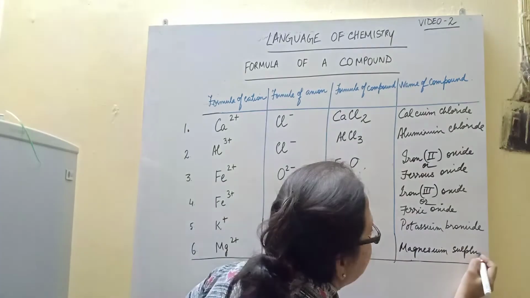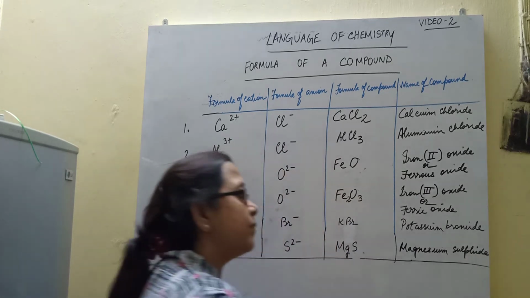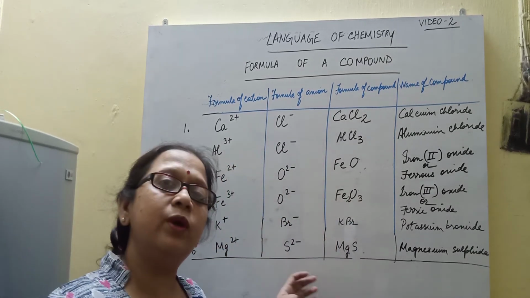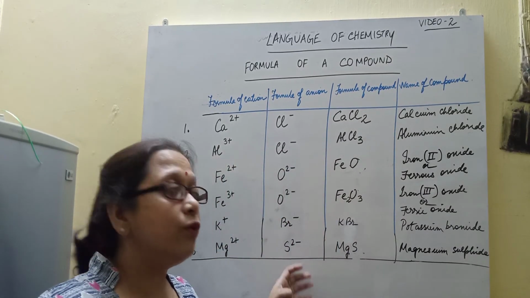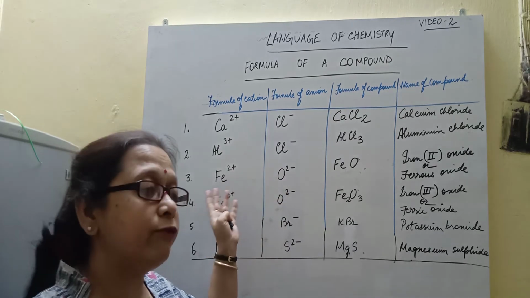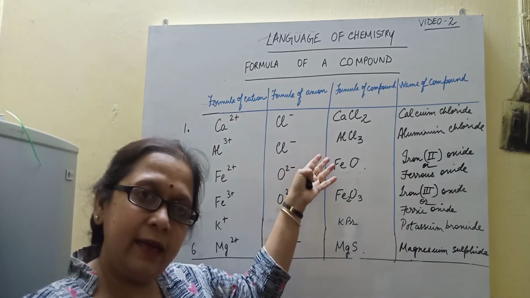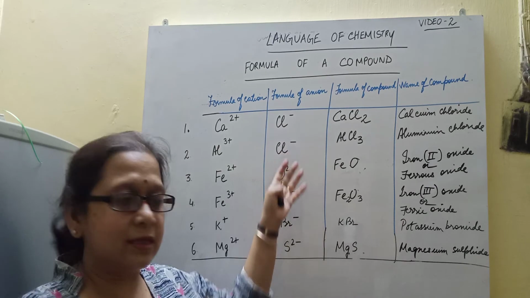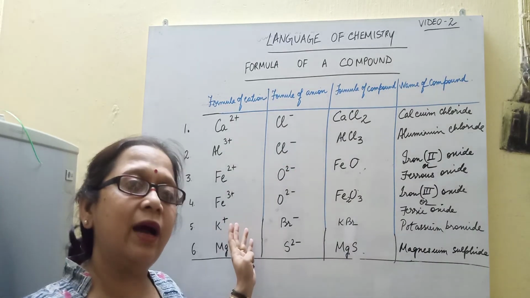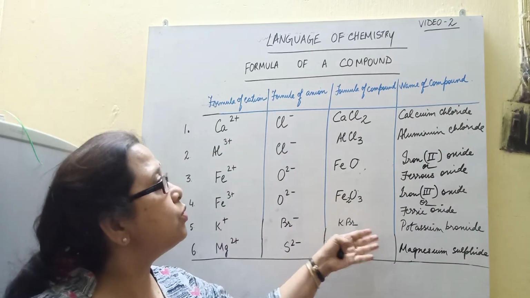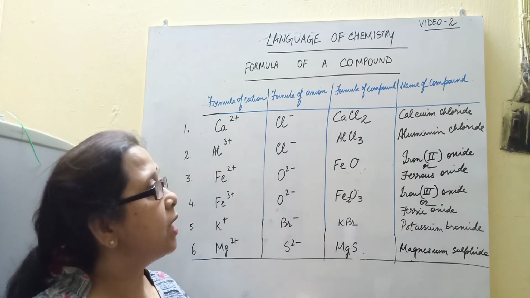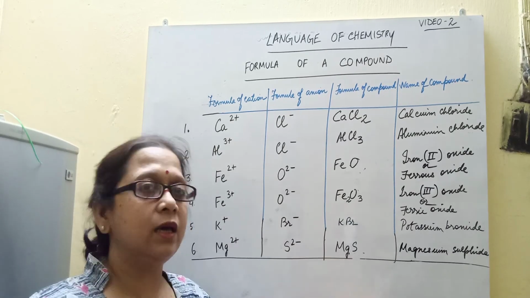Likewise we will be coming to various other formulas of cations and anions in the coming classes. So I think you have an idea how to write the formula of a compound and how to name the compound.